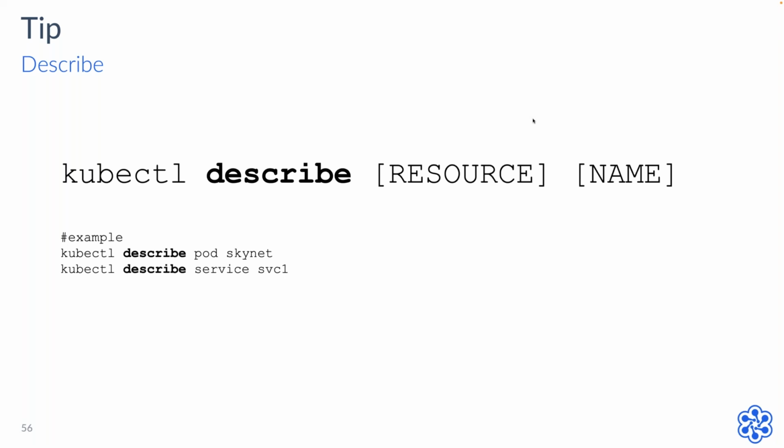So if you're doing something on a pod and something goes wrong, the pod doesn't start up, use the describe command to get detailed information about why or what went wrong with launching that pod. Likewise, describe can be used on a whole lot of different resources. The two examples shown here are the pod and service resources.